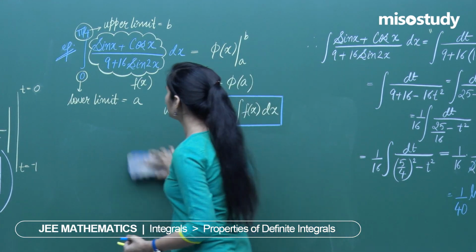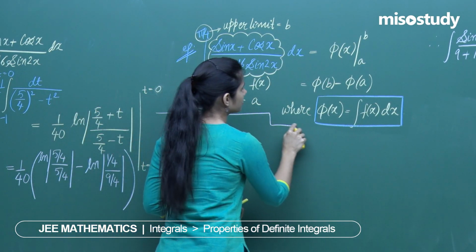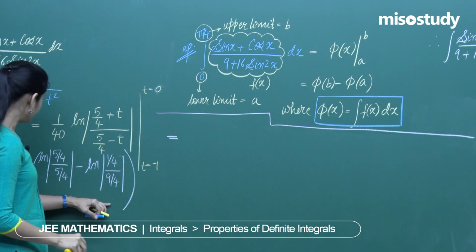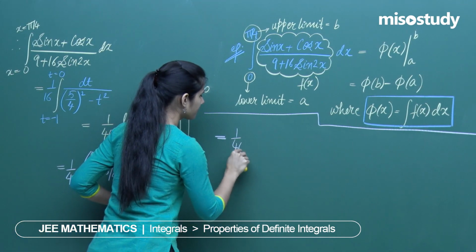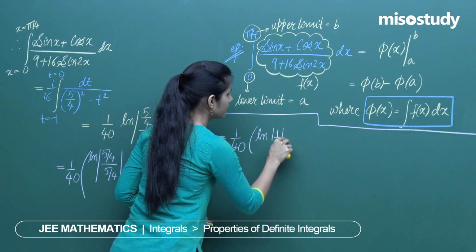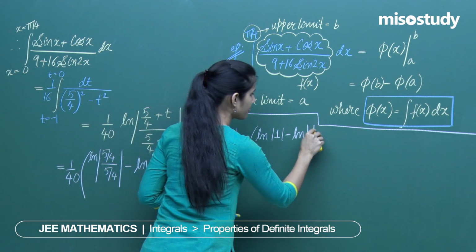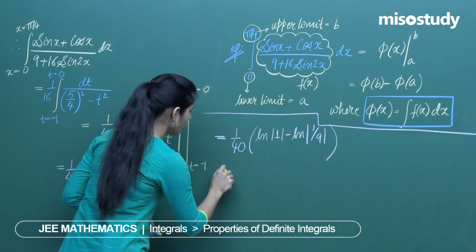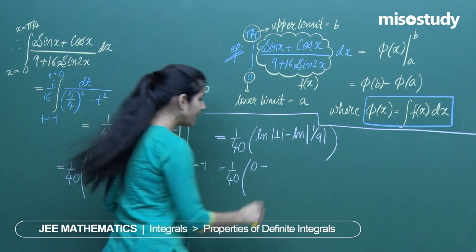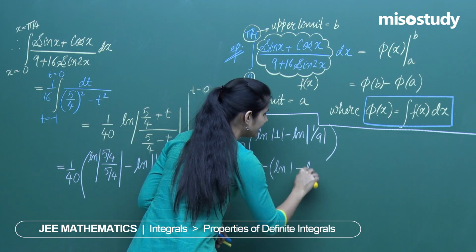This eventually becomes equal to 1 by 40 ln of 1 minus ln of 1 by 9, which gives you 1 by 40, 0, since ln 1 is 0, minus ln of a by b is ln 1 minus ln 9.